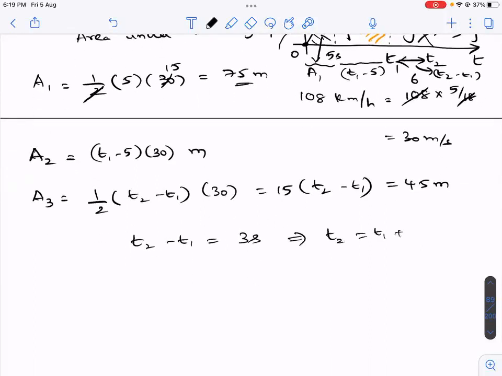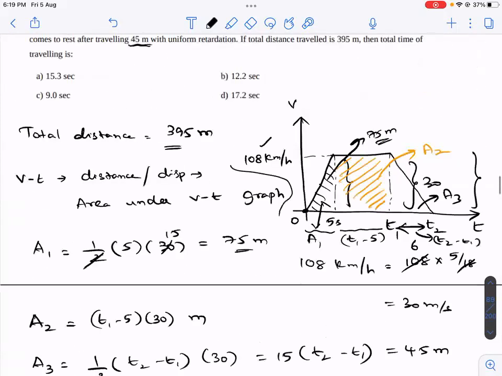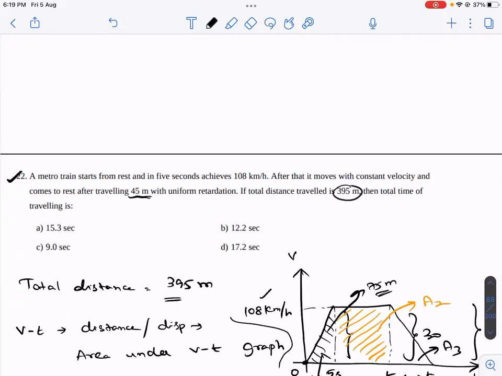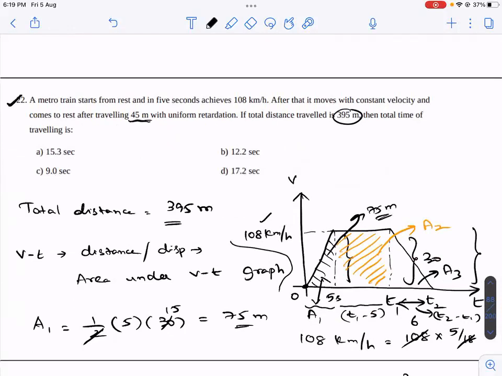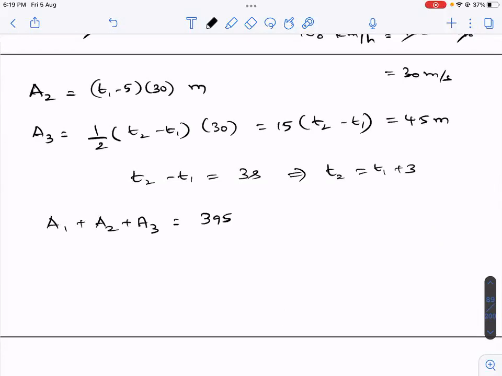Okay, having said this, now there is another important information given. The total distance traveled by the particle is going to be A1 plus A2 plus A3, which is 395 meters.